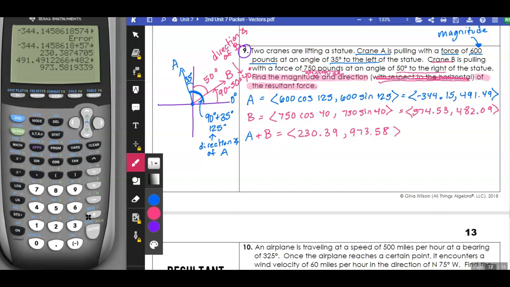We're not done because it actually asks us to find the magnitude and direction of the resultant force. So we're first having to find the magnitude of our resultant force. How do I find the magnitude of our resultant?